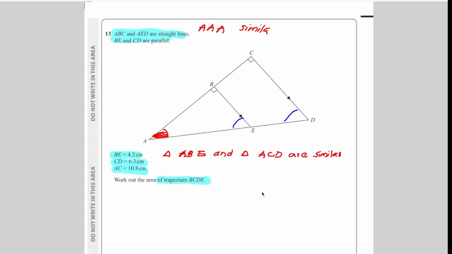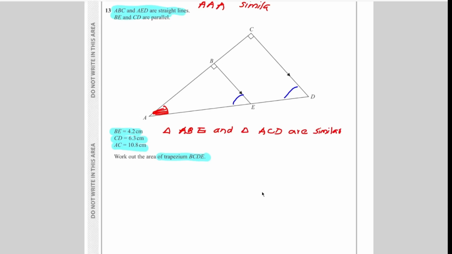Then we can apply similarity rules, which means we can get the scale factor. Then we can get the other corresponding lengths. Right. Now let's label the given information on the diagram.